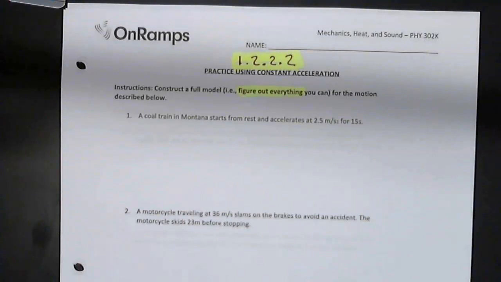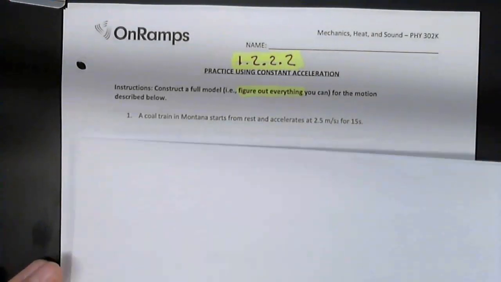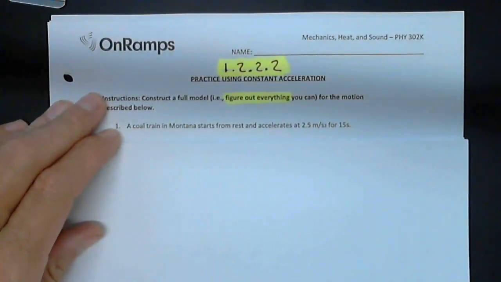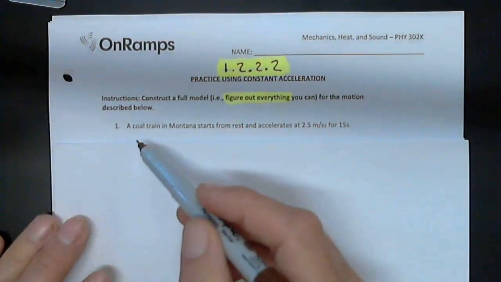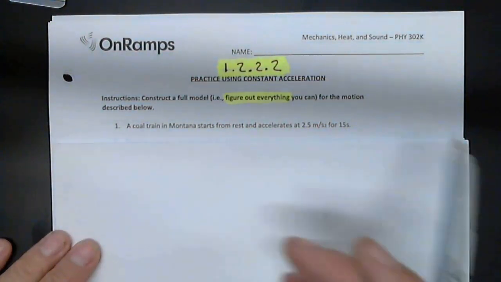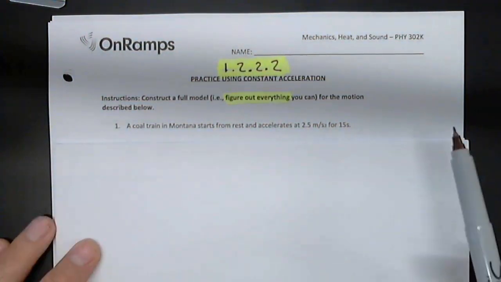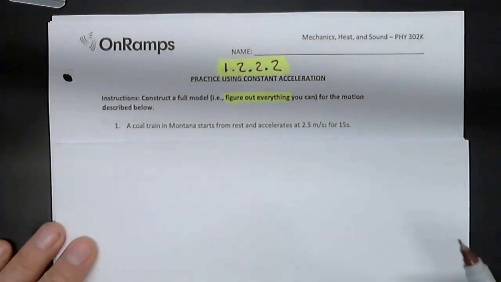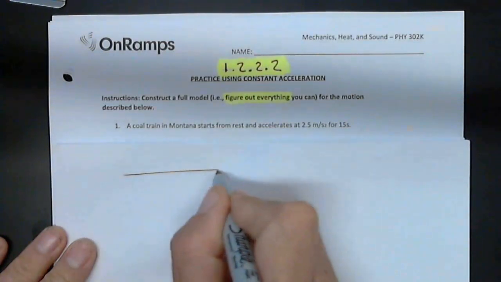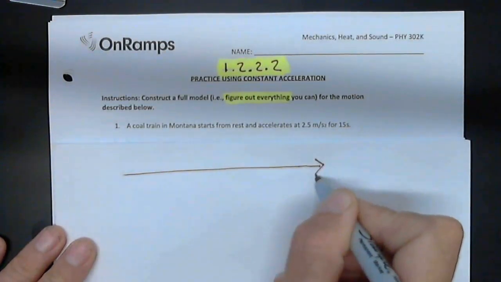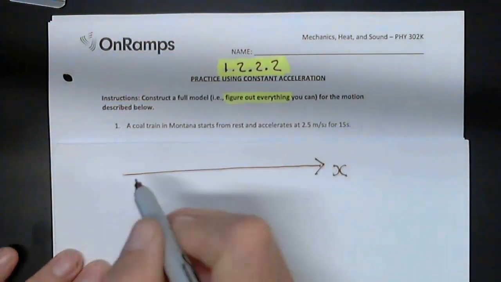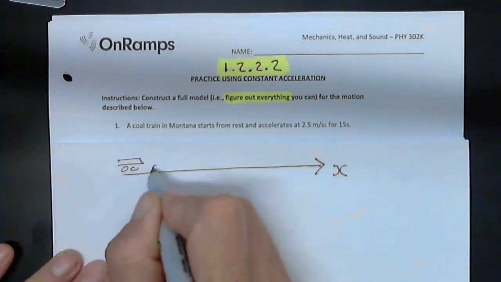And what is a model? A model is a representation of the reality. It is simplifying a train moving. So for example, this is one dimension. So this is the x-axis and this is the train.